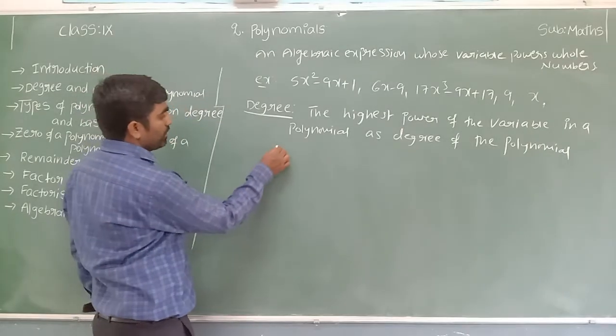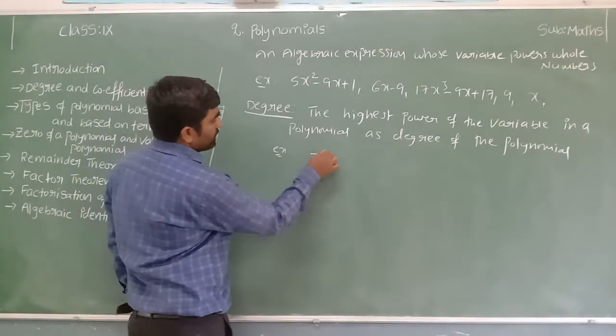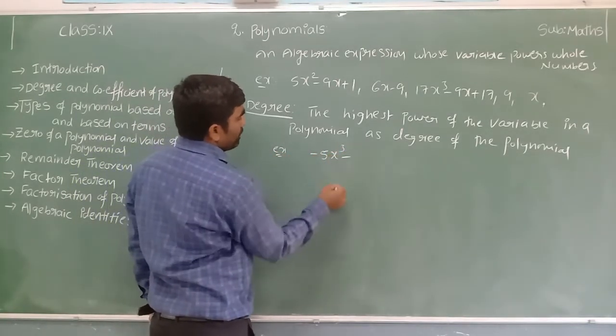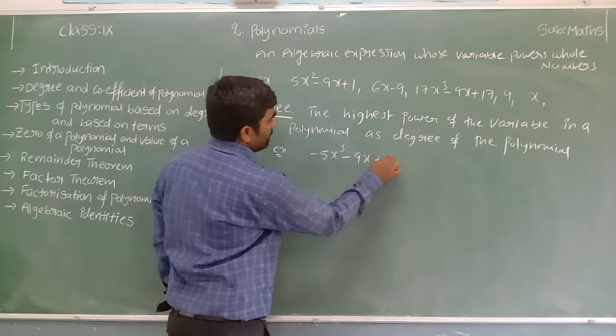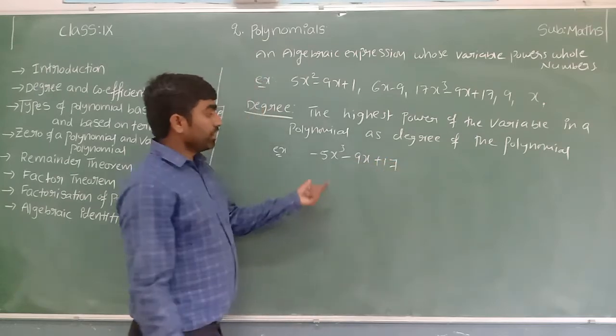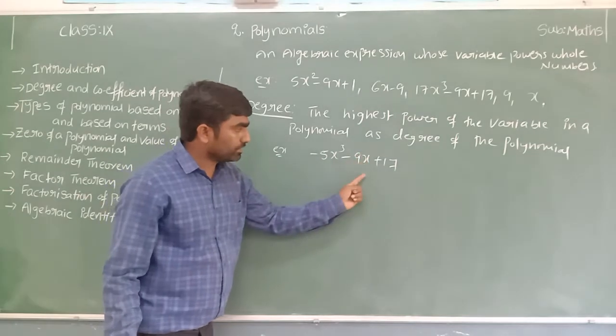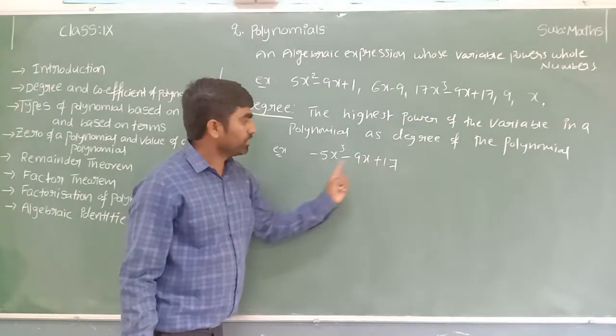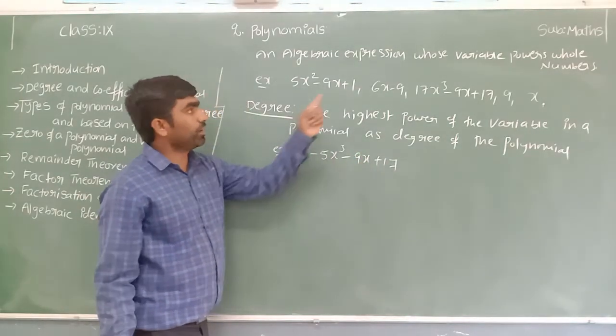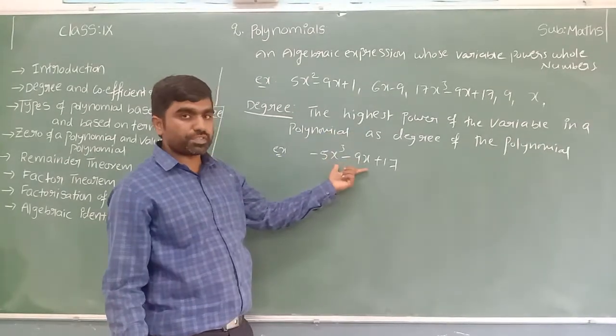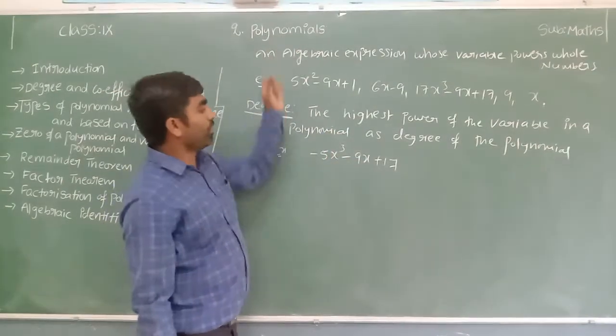Let's see an example. Let me take minus 5x cube minus 9x plus 17. Here you can see three terms whose variable powers are 3, 1, and for the constant, 0. 3, 1, 0 are all whole numbers, so it is an algebraic expression which is also called a polynomial.